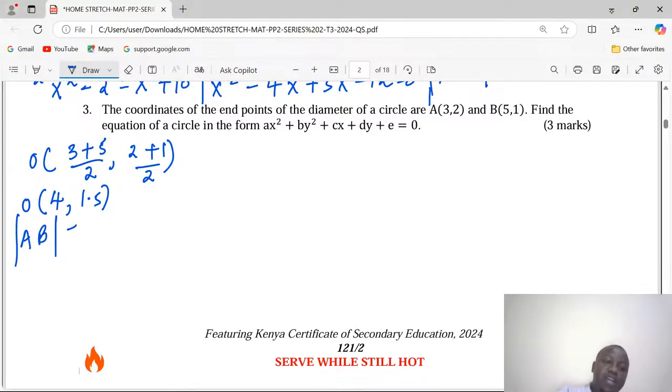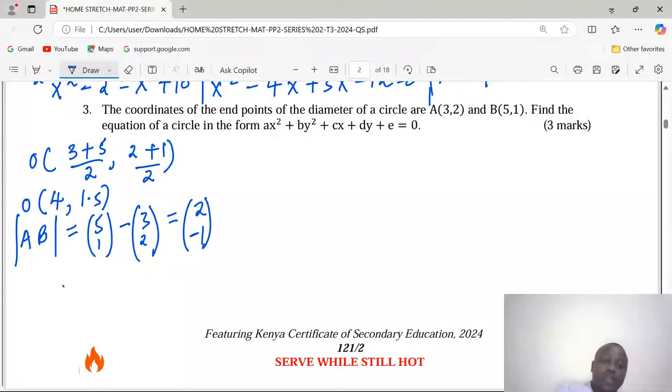The magnitude of AB, whereby we need vector AB first, B minus A. This is going to be (2, -1), so that we square 2, we also square -1, and we take the square root.